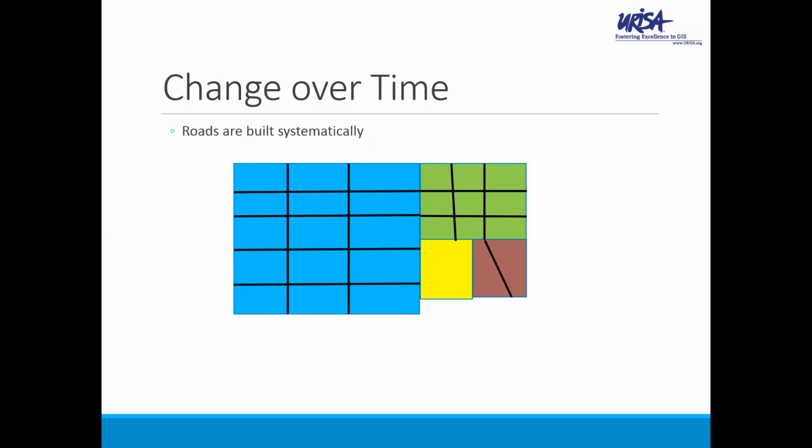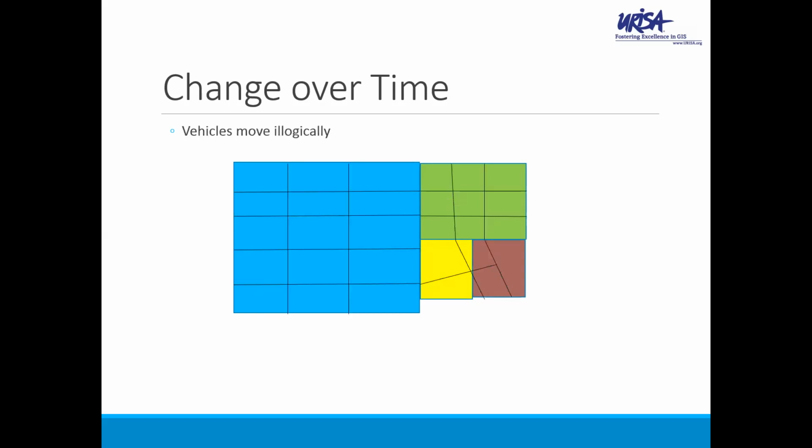And then roads get built, usually in some systematic way, so they make sense and they tie in together. But then we throw vehicles on top of those, and we know vehicles move in an illogical way. Right? We don't know how they're going to go. In addition, we have accidents and we have construction going on, which may alter what would otherwise be a route that could be anticipated with some level of confidence.